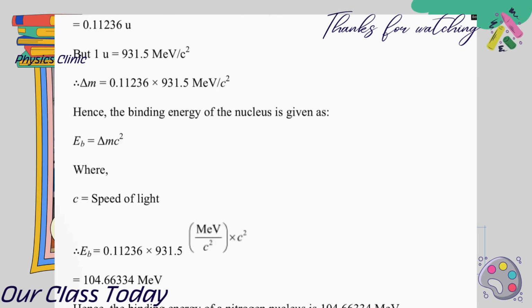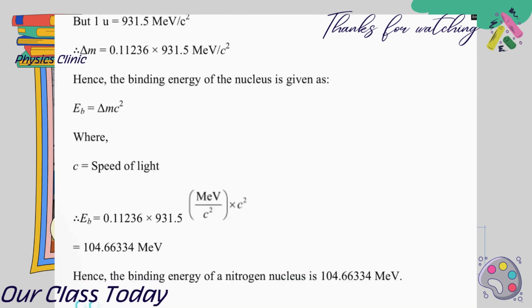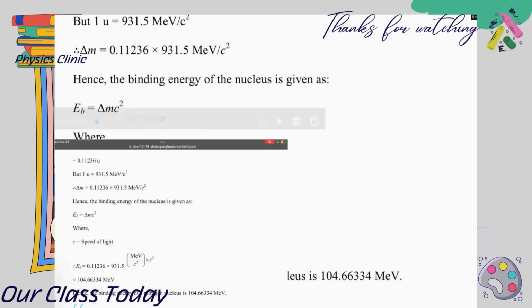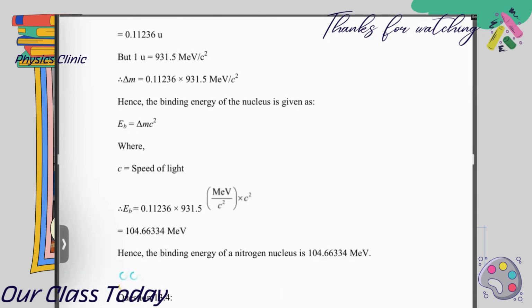So 0.11237 atomic mass unit. But you have to find the answer in million electron volt. So this is the equivalent: one atomic mass unit is 931.5 million electron volt per c square, where c is the speed of light.